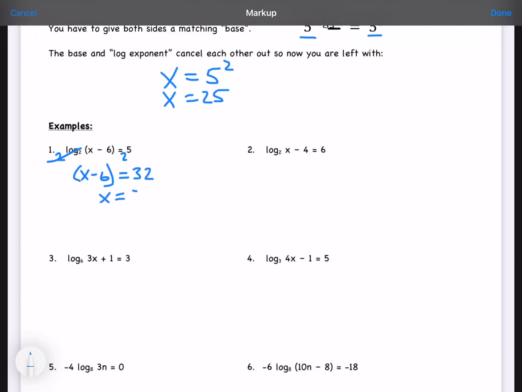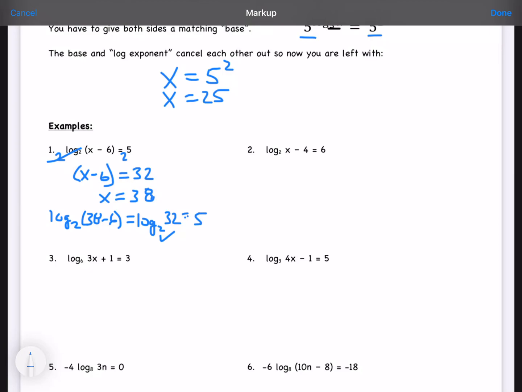And so I end up with x equals 38. And when I plug 38 back in, log base 2 of 38 minus 6 becomes log base 2 of 32, so that checks out. The log base 2 of 32 is equal to 5.